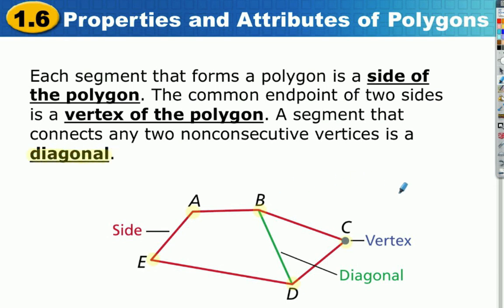A diagonal is formed by connecting any 2 non-consecutive vertices. That's a big boy word right there. Non-consecutive. Well, let's break it down. What does consecutive mean? Forget about the non. What does consecutive mean? Only one person has an idea? 2 people? 3 people? Tristan?